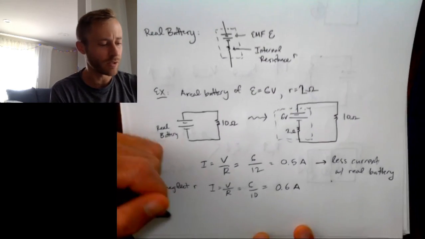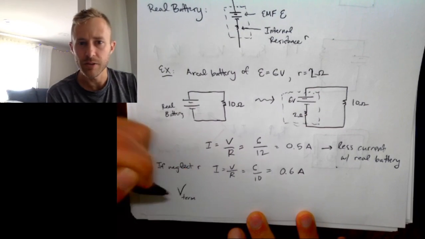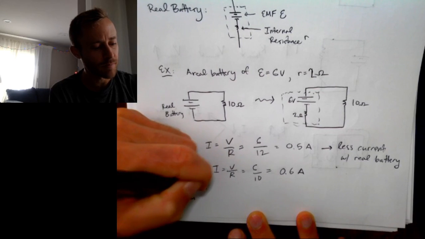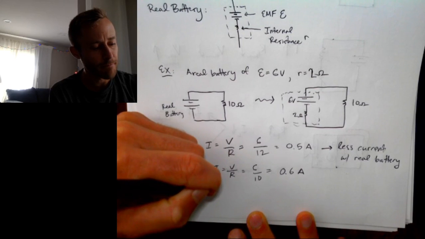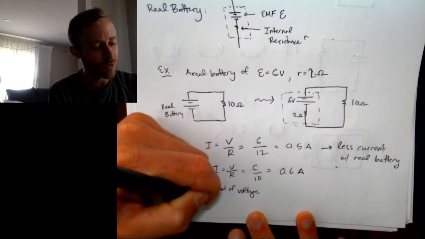There's an important concept called the terminal voltage of the battery. The terminal voltage is equal to the amount of voltage the external resistor gets.